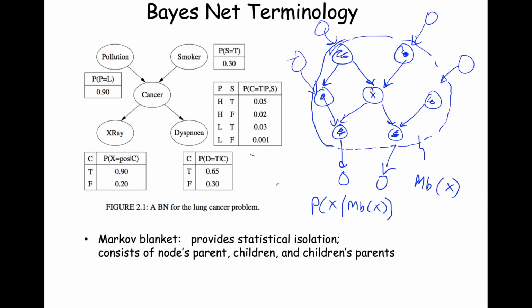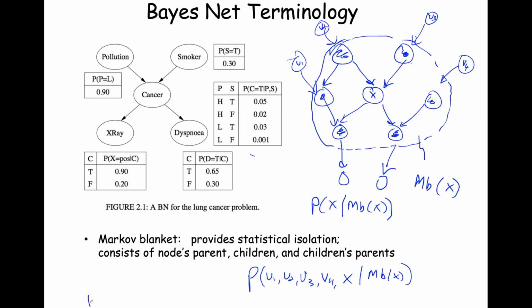And so what that means is, let's call these V1, V2, V3, V4, and we have X. If we want the probability of V1, V2, V3, V4, X, conditioned on the Markov blanket of X, well, that just makes X independent from all the other nodes.